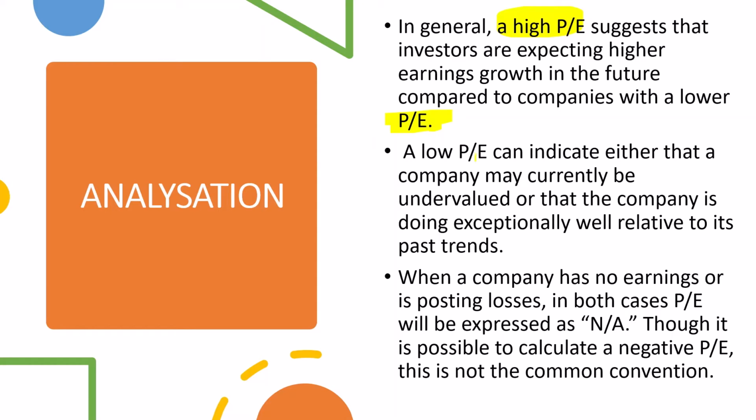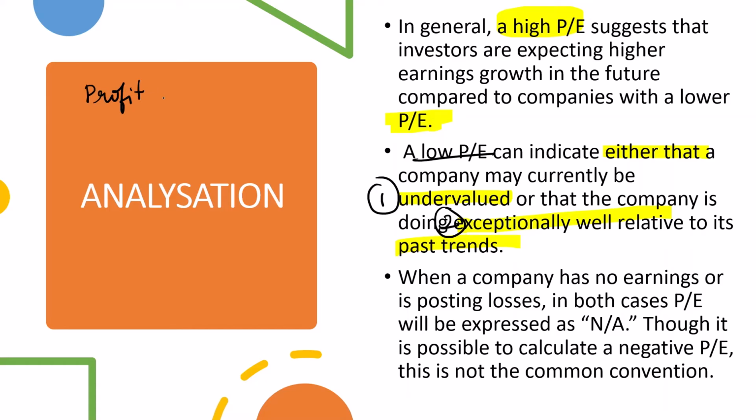A low PE can indicate either that the company may be undervalued currently or that the company is doing exceptionally well relative to the past trends. So we have two scenarios here. One is that the company may be undervalued if it has a low PE, and the second is that the company is doing exceptionally well relative to its past trends. Exceptionally doing well means the company's profits are increasing.